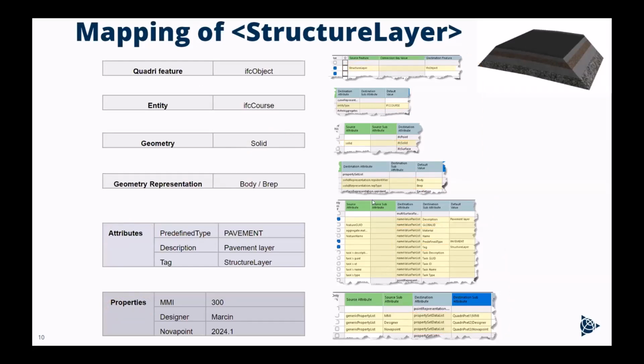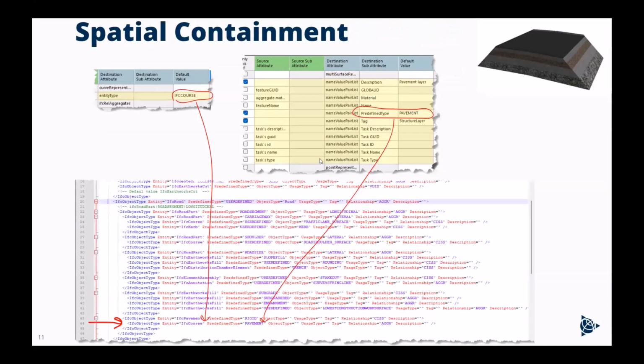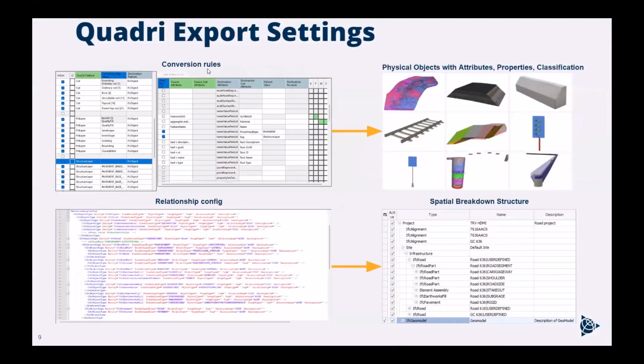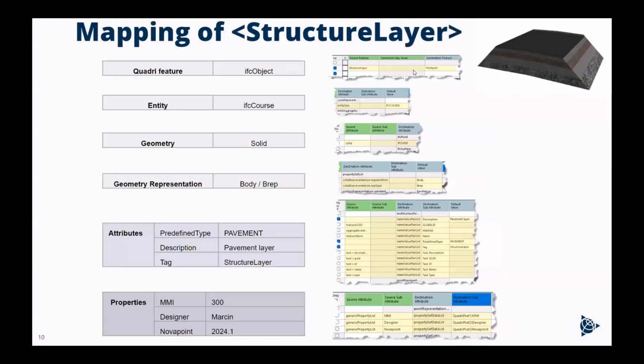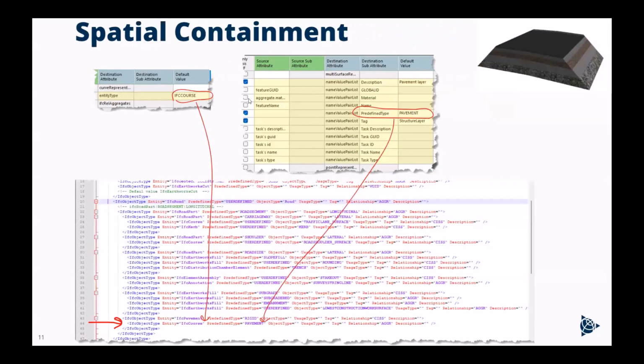If you follow these rules, you will set up all conversion rules for export to IFC 4.3. And as I told you before, in conversion rules, when we create the physical objects, we convert them, and then based on this data, we can open our configuration file, which is a simple XML file. We say, okay, I want IFC course with predefined type pavement, I want to place it under IFC pavement rigid, which is contained under IFC road.